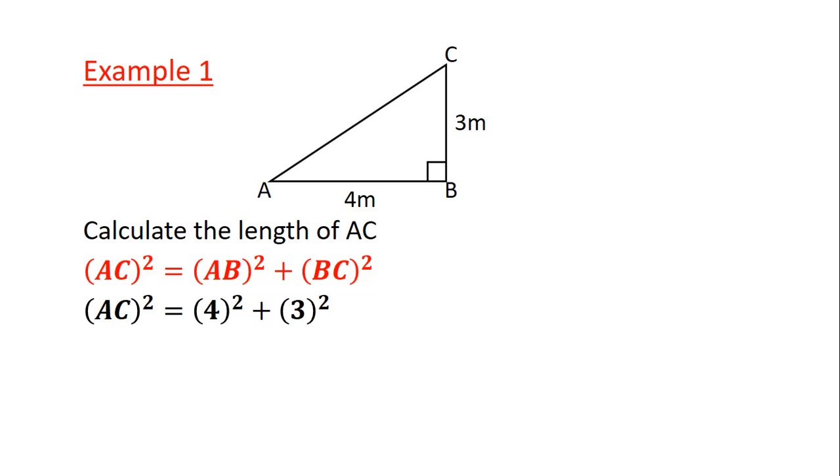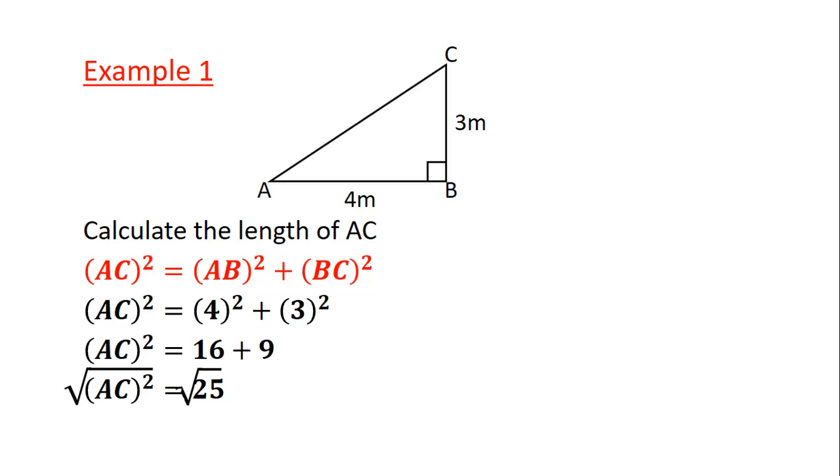Okay, so that means that AC squared equals, now 4 squared is 16 plus, and 3 squared is 9. The next line, AC squared, and that equals 16 plus 9 is 25. Now we don't want AC squared, we just want AC by itself, and so we take the square root of AC squared and the square root of 25.